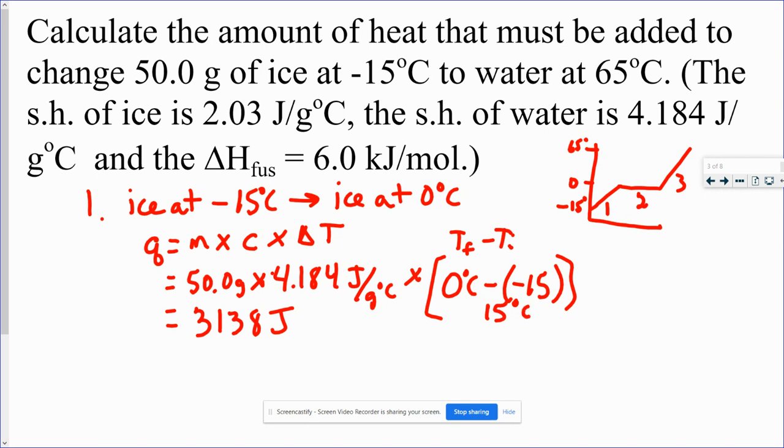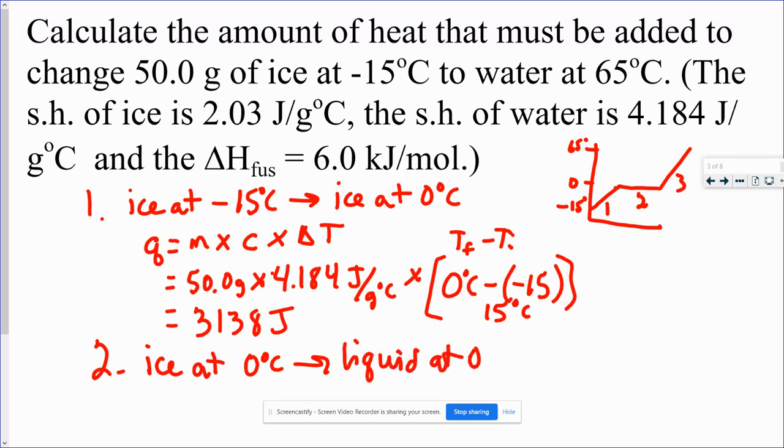So for that first step, I'm putting in that many joules to get my ice to heat up from minus 15 to 0. Okay, and so I would be right here. Now I'm going to melt it. So to melt it, I'm going to take ice at 0 degrees to liquid at 0 degrees.